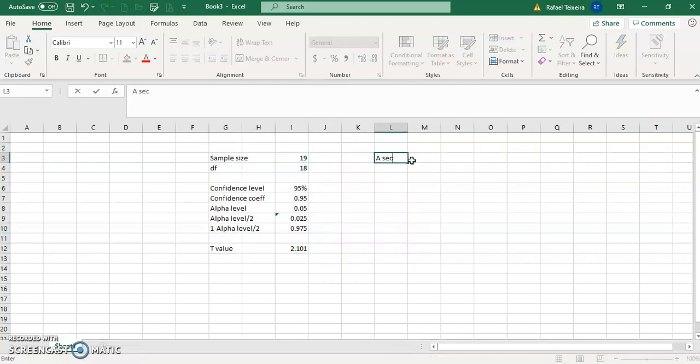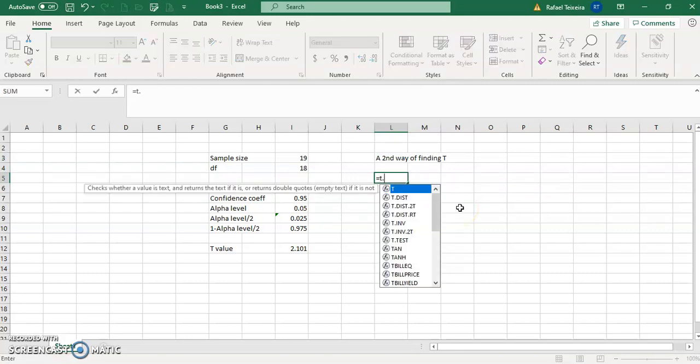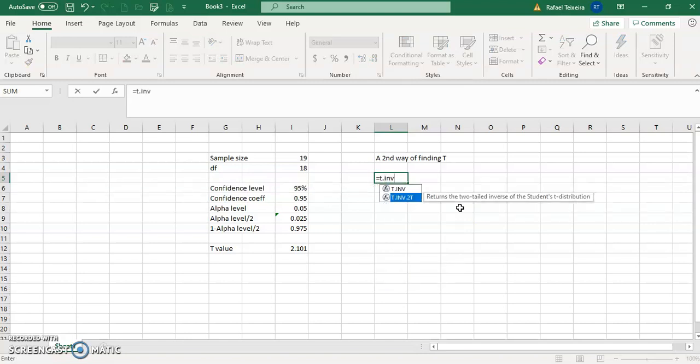Another way, a second way of finding t, is using this formula, T.INV.2T. In this case we use the probability, the alpha level, before dividing by 2, because this function already has the 2 tails included in it.